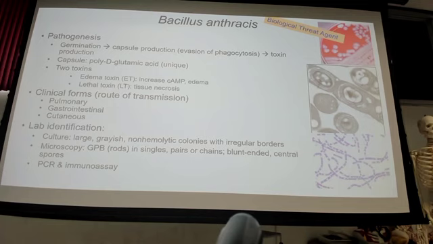For lab identification, in addition to culture and microscopy, we have PCRs that we can do on Bacillus anthracis, and we also have immunoassays that can look for things like the protective antigen or ET or LT toxins. All of those are possible. For that PCR, this is a target on a panel from BioFire that we would use for suspected biological weapons.